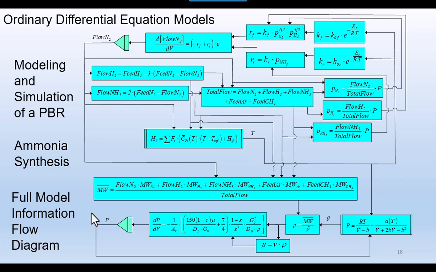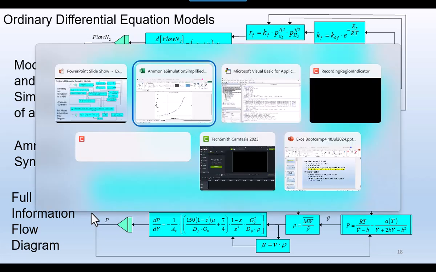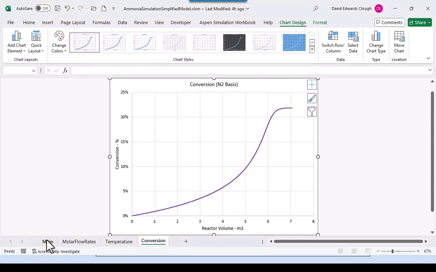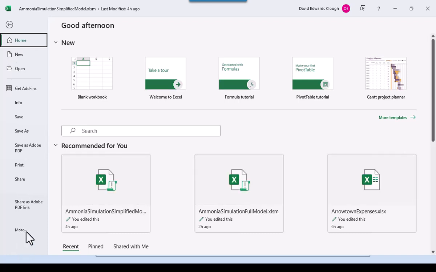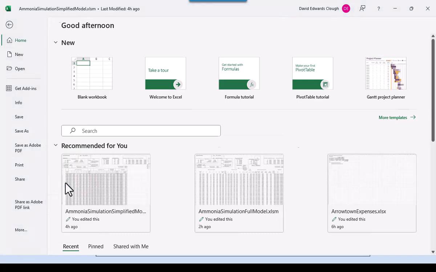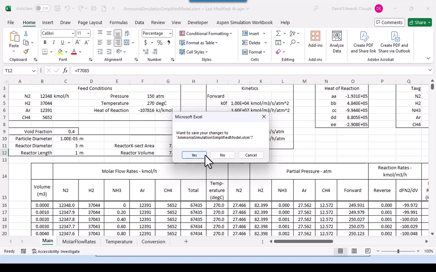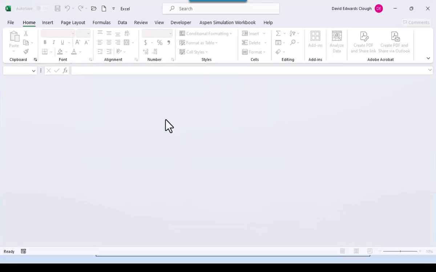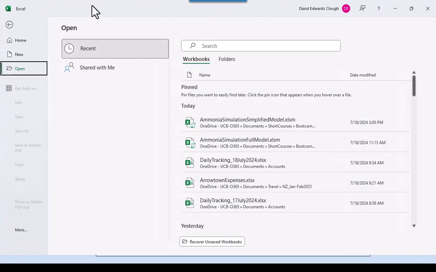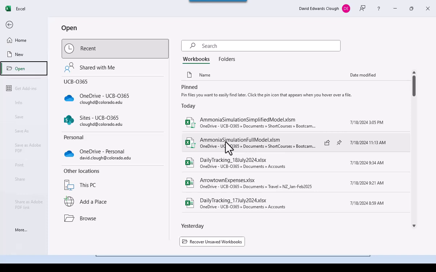And we know how to do those kind of things, but we accomplish them in VBA. So what we'll do now is we'll come back to our spreadsheet, all right, and we'll close this spreadsheet. And we'll open a spreadsheet which is called Ammonia Simulation Full Model.